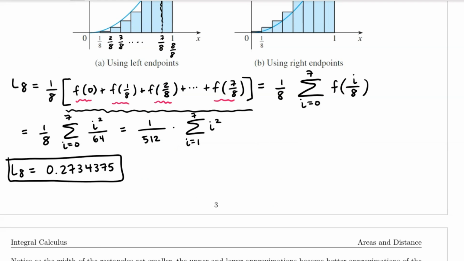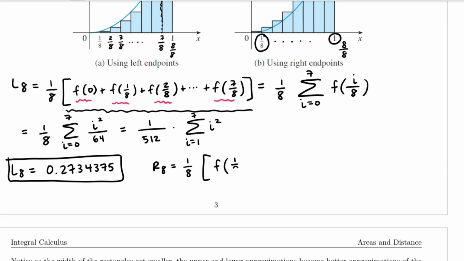Let's go ahead and calculate R8 now. So R8 is equal to, each width is 1/8, and then I want to add up all of the heights. So notice that the height of my very first rectangle is dependent on 1/8, and then the heights continue, and my last height is 1, which is the same thing as 8 over 8.